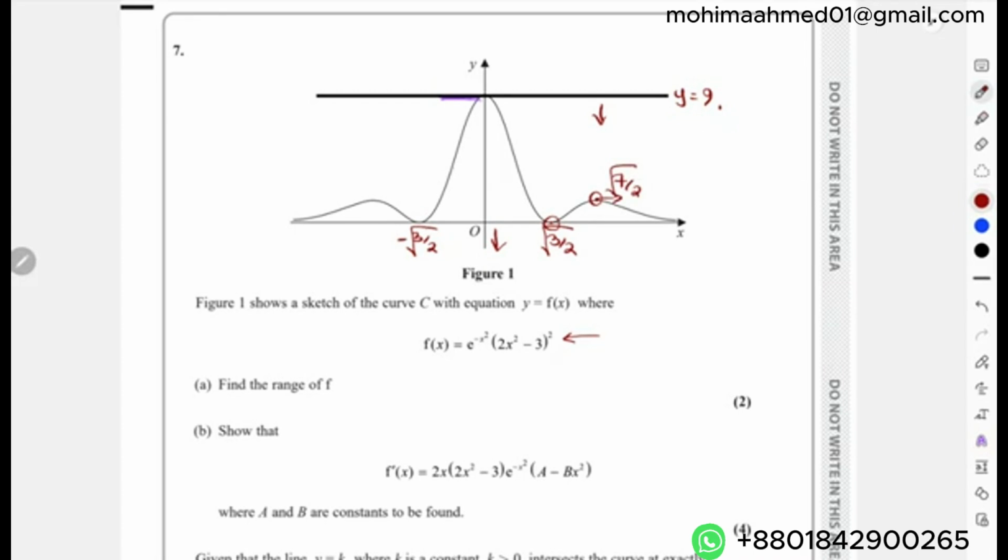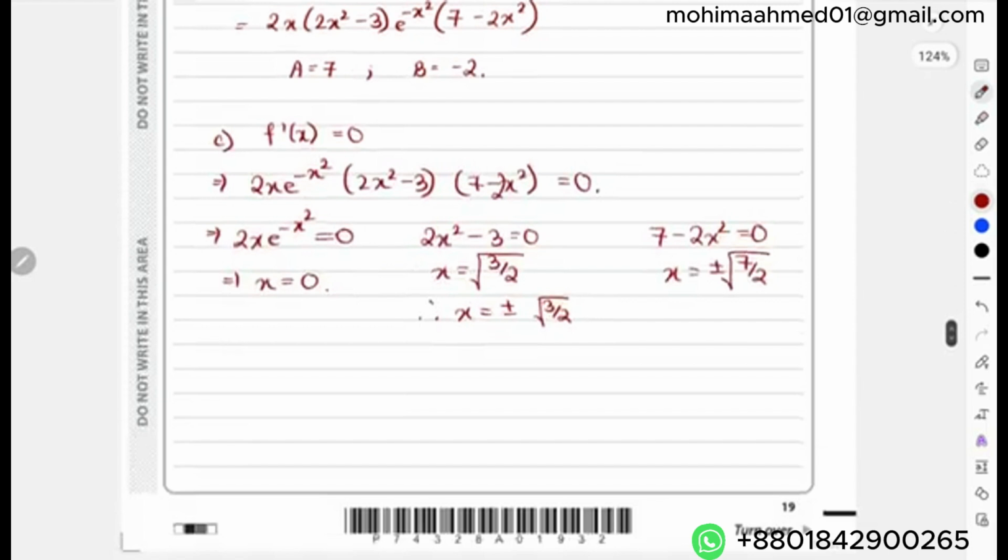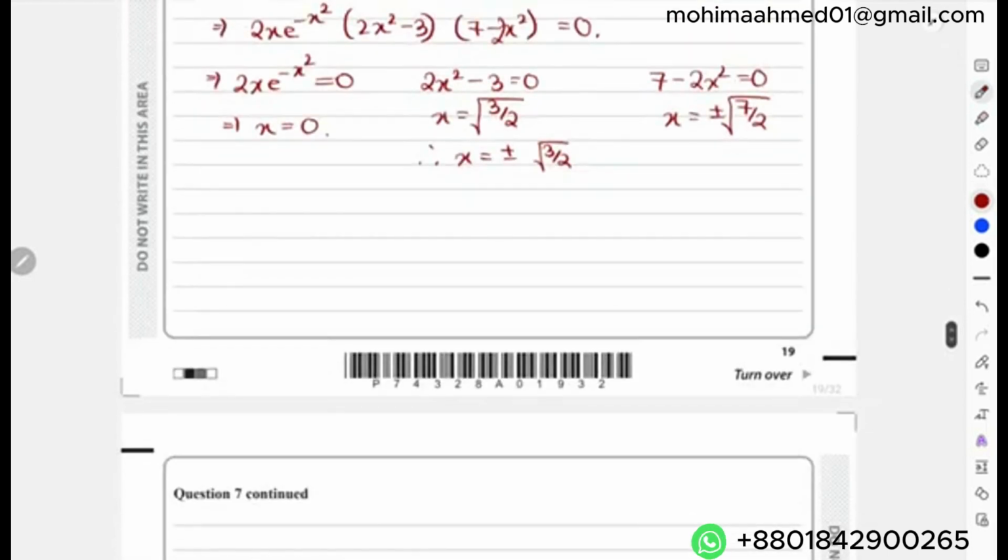So in order to find this, you just input this root 7 over 2 into the equation, that is f of root 7 over 2. We're just inputting the positive value because the line is a horizontal line, so it will pass through both positive and negative.